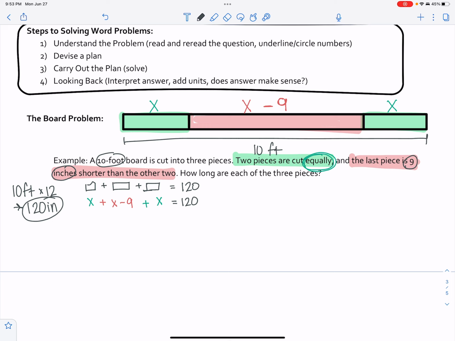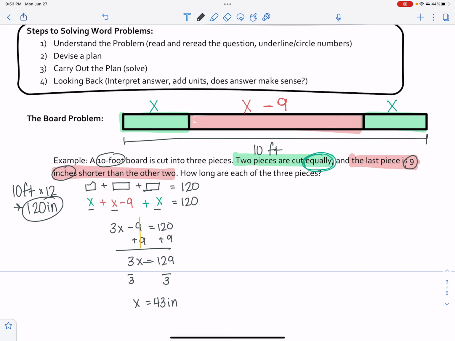Now I'm going to combine like terms, and so x plus x plus x is going to give me 3x minus 9 equals 120. So now I am just solving this thing for x. I'm going to add 9 to both sides and get 3x equals 129. Because those cancel, I will divide by 3 and get x equals 43 inches.